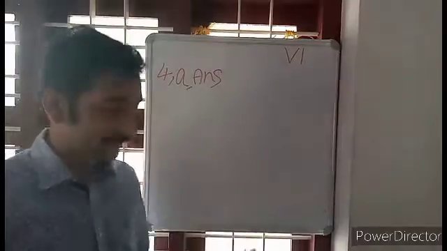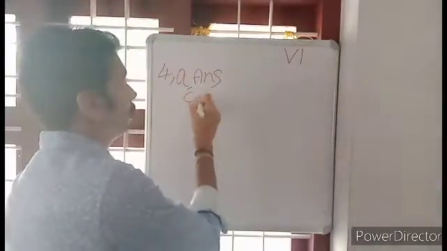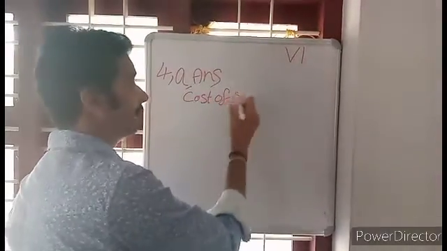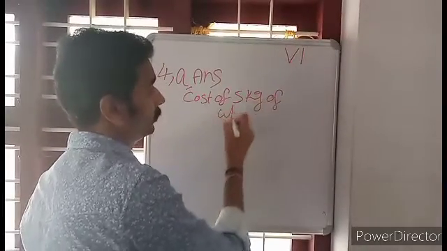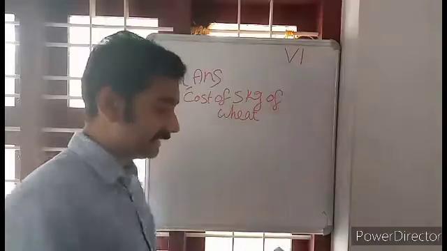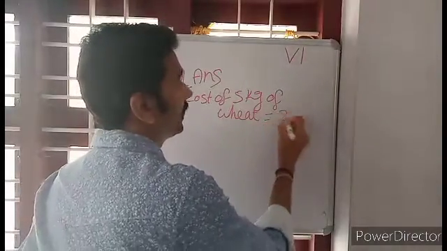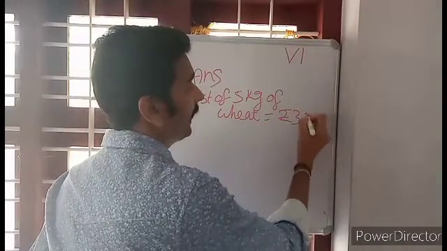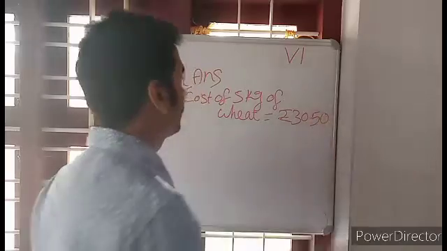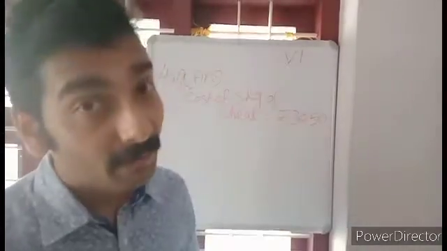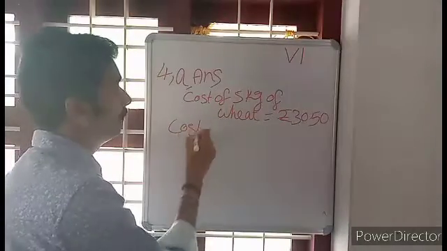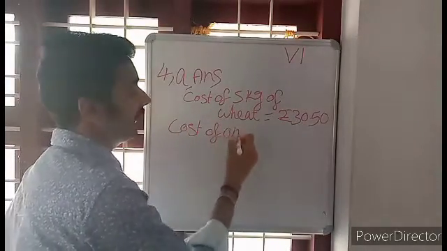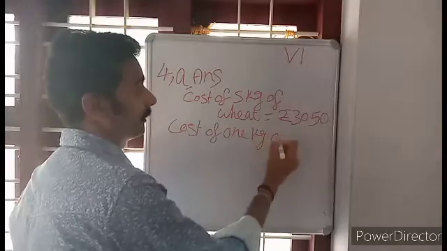First, A answer. Cost of 5 kg of wheat is rupees 30.50. We find the cost of 1 kg of wheat.